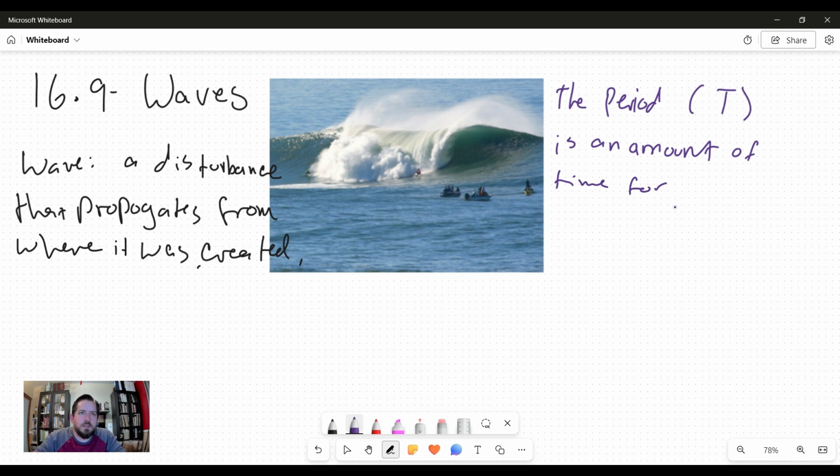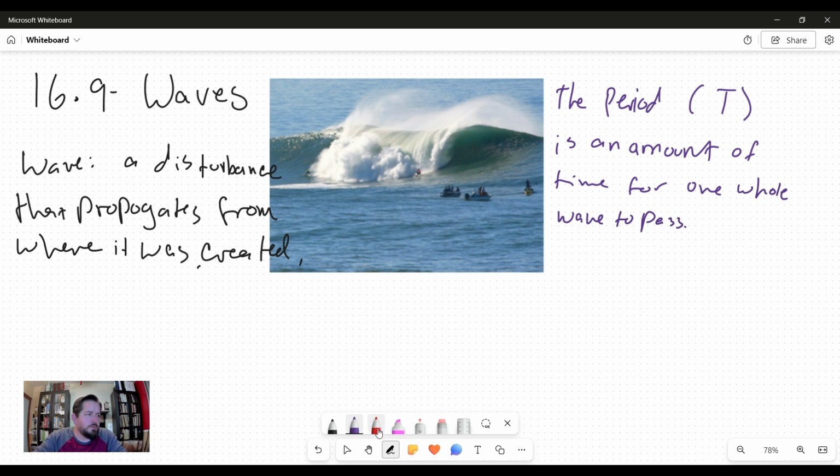So it's the amount of time for one whole wavelength, or one whole wave, to pass, or for one whole cycle, or whatever it is that we're looking at. The wave moves and is replaced by the next one behind it.